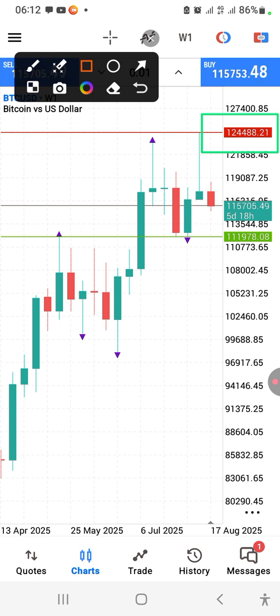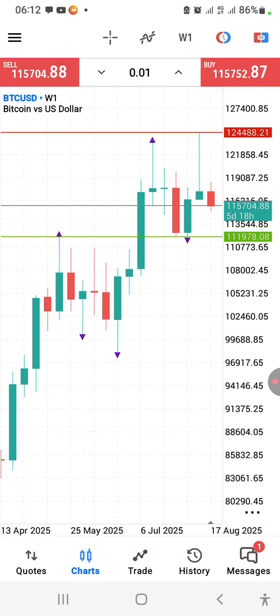Now from there, it seems the market is coming to this level. So this level will now determine what we should do.